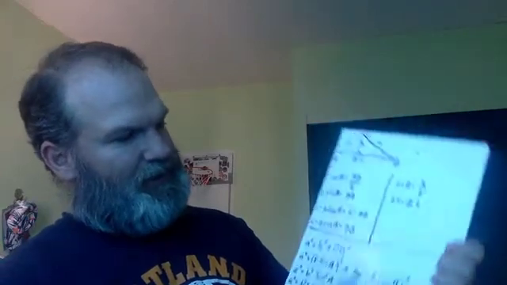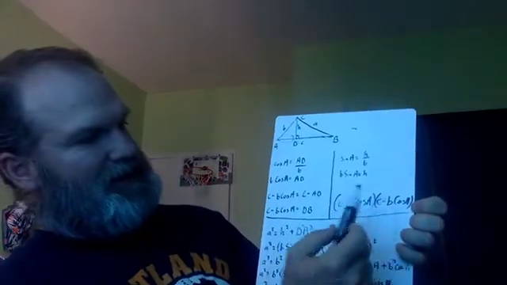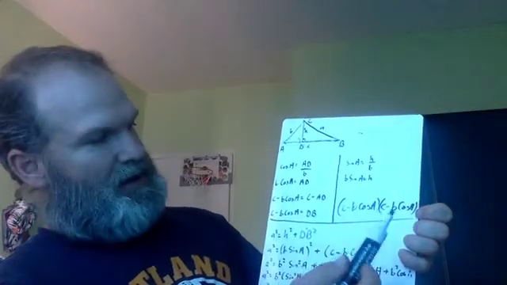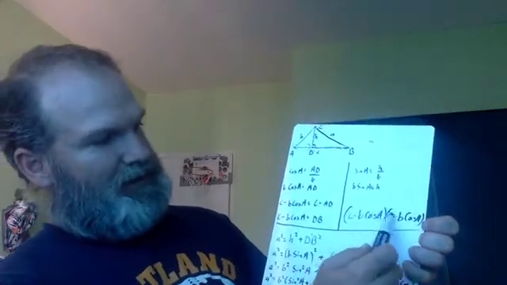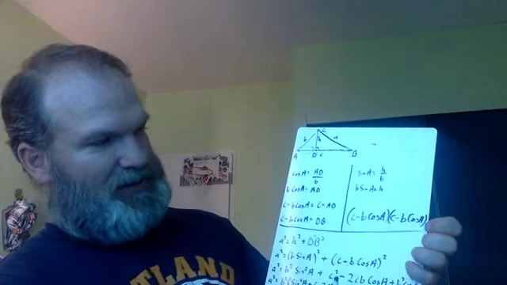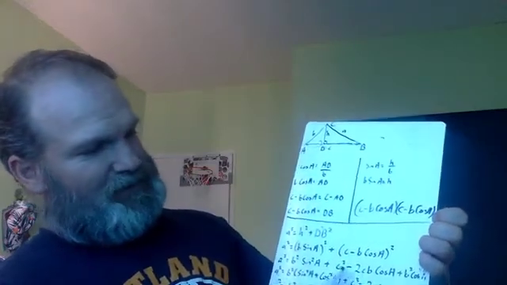That's distributing. That's like saying c minus b cosine a times c minus b cosine a. And you would do c times c, and then you would do b cosine a times c and b cosine a times b cosine a. And this is what you get.